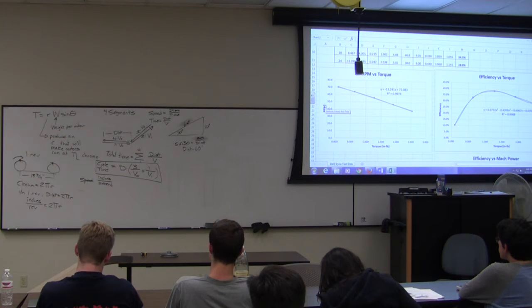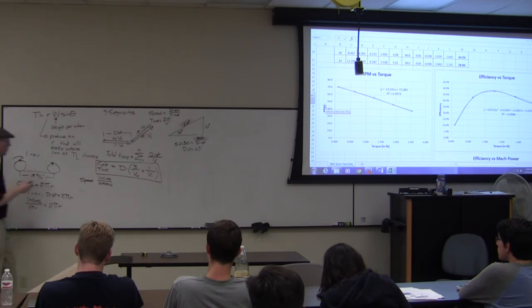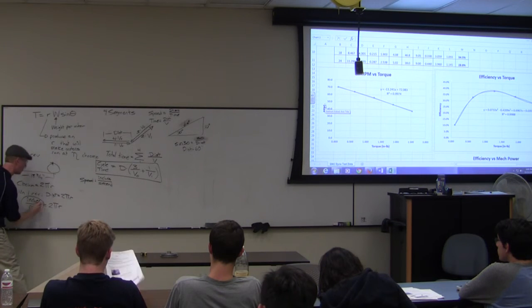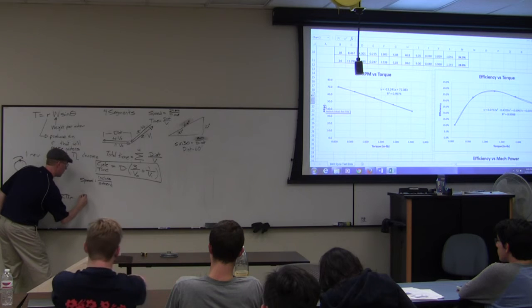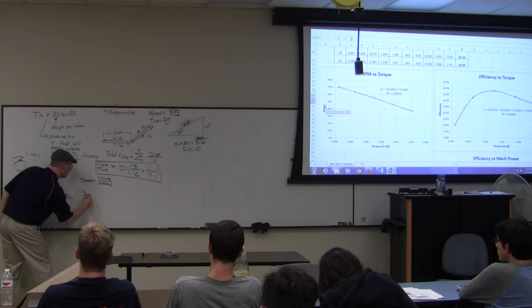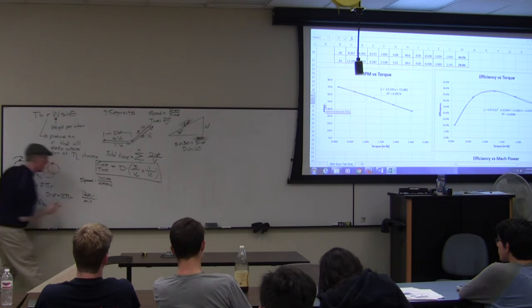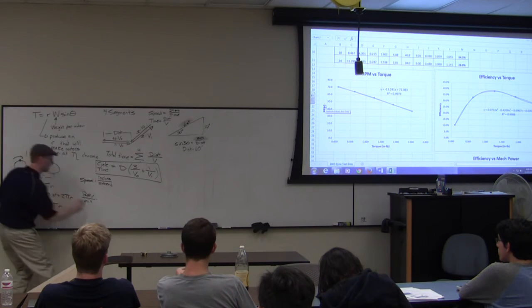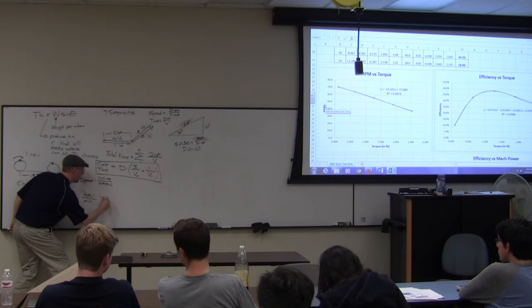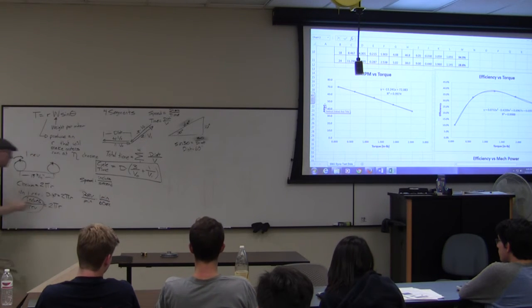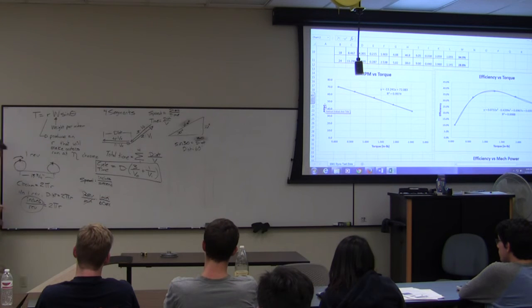RPM is revolutions per minute. And that's easily converted to revolutions per second, of course. 1 minute, 60 seconds. So that'll give us revolutions per second.